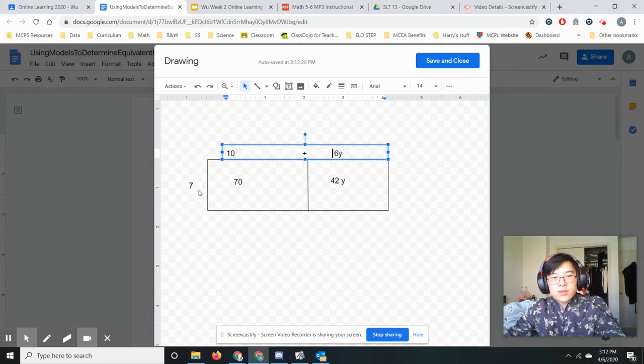If I do 7 times y, I get 7y, so 7 times 6y, I get 42y. That's where I got that. So the length of this banner is 7 and the width is 10 plus 6y. Those are my dimensions.